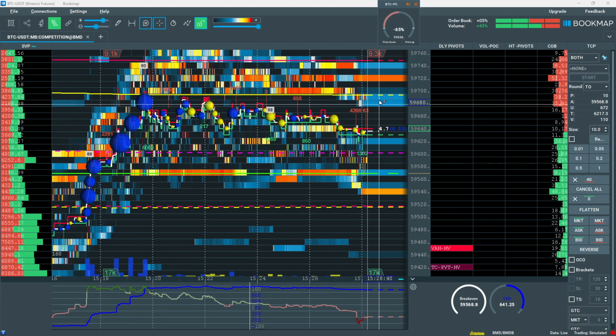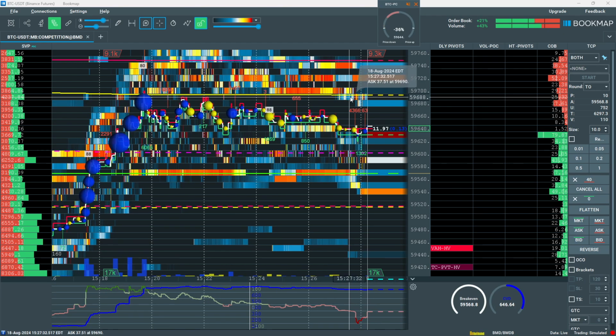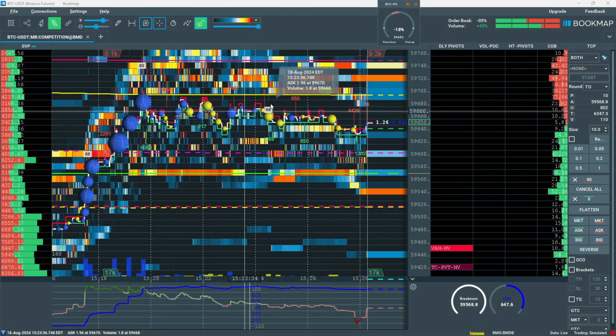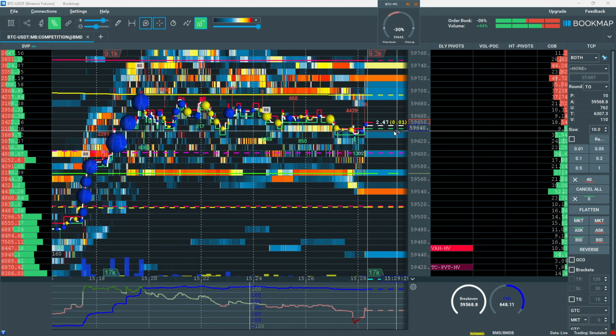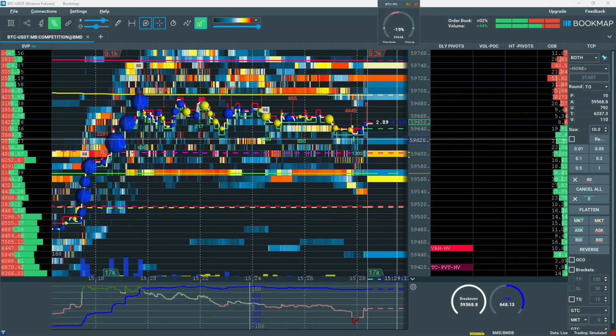Come on, breakouts. Let's go, let's break out of VWAP here. Enough of this consolidation now, let's go. Alright, looking like something might materialize here.